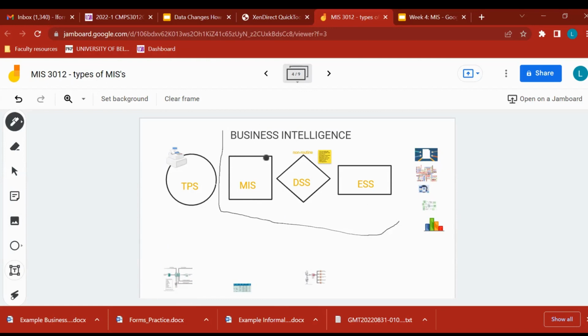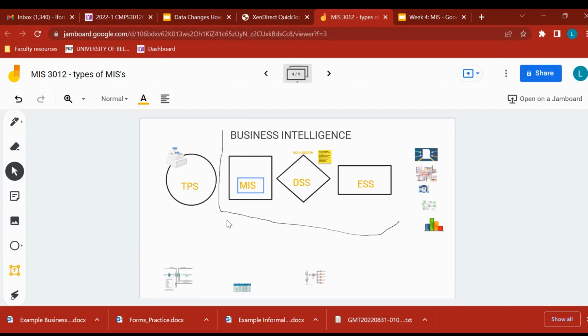So starting here, we have our business intelligence systems. And intelligence helps us to formulate decisions from the reports that are being generated. The first one is the MIS. And what makes this different is that MIS and MIS are spelled a little differently. One ends with an S and the other one doesn't.